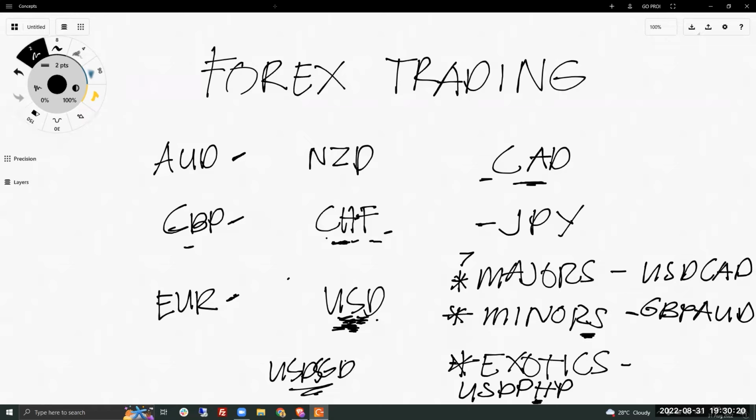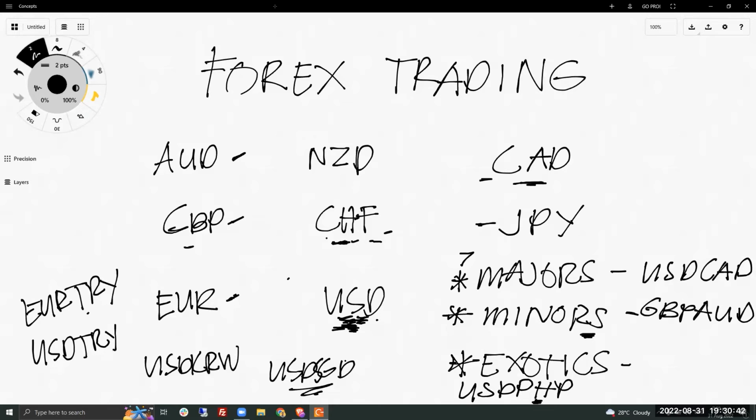Pwede ring Korean won. We also have lira. Pwede ring euro, lira. At least one or possibly two of the currencies dun sa mismong currency pair, if hindi siya kasama sa top 8, then it's called exotics. So that's what you call majors, minors, and exotics currency pairs.